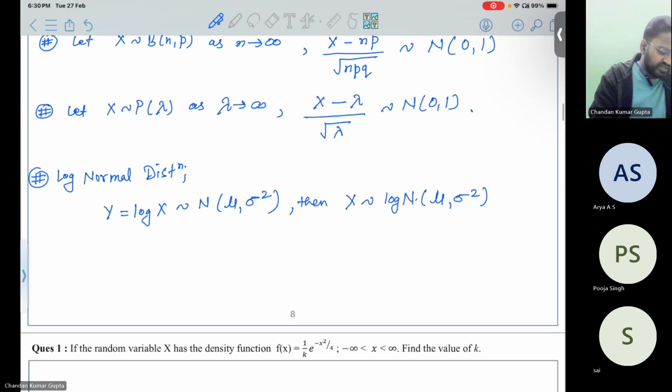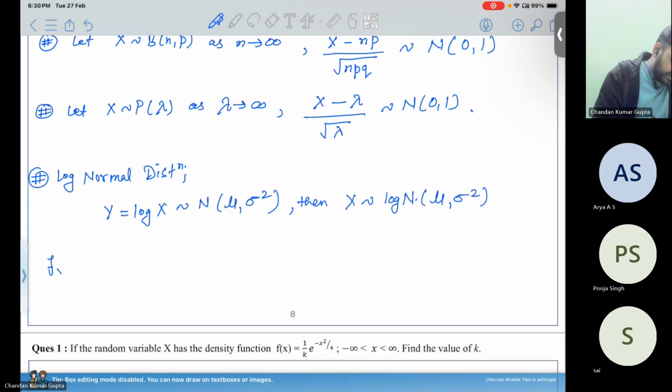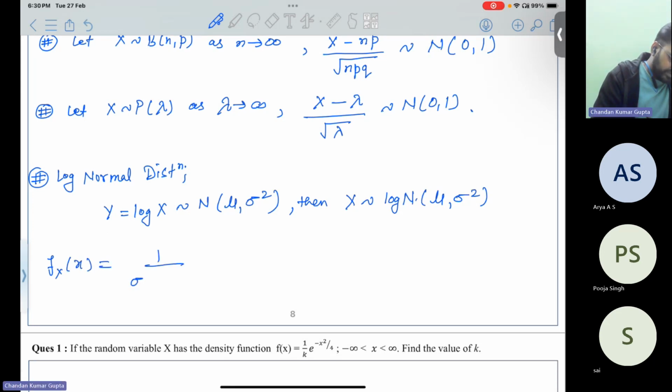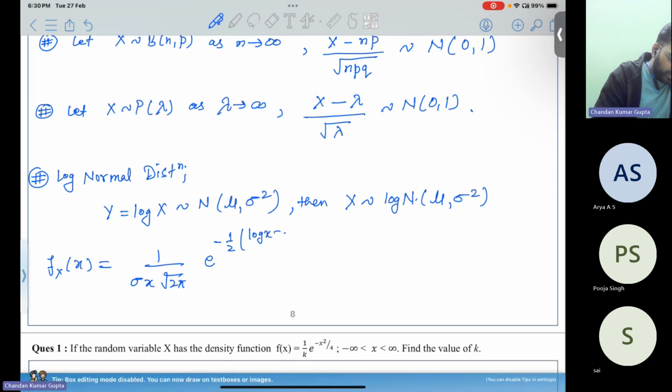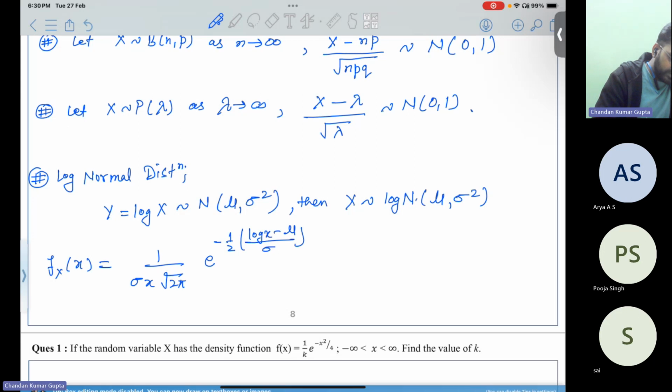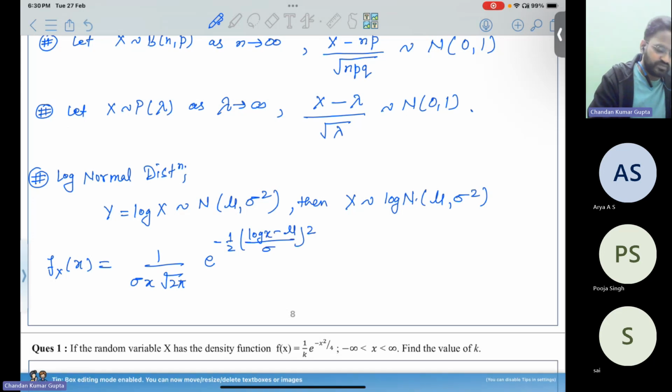Okay. The PDF is like this: 1 upon sigma x root 2 pi e to the power minus 1 by 2 into (log x minus mu upon sigma) whole square.